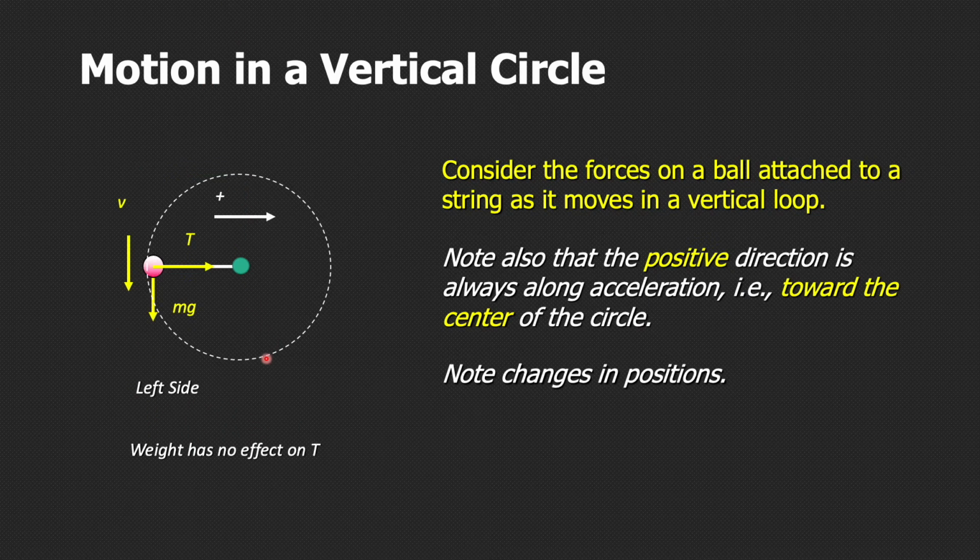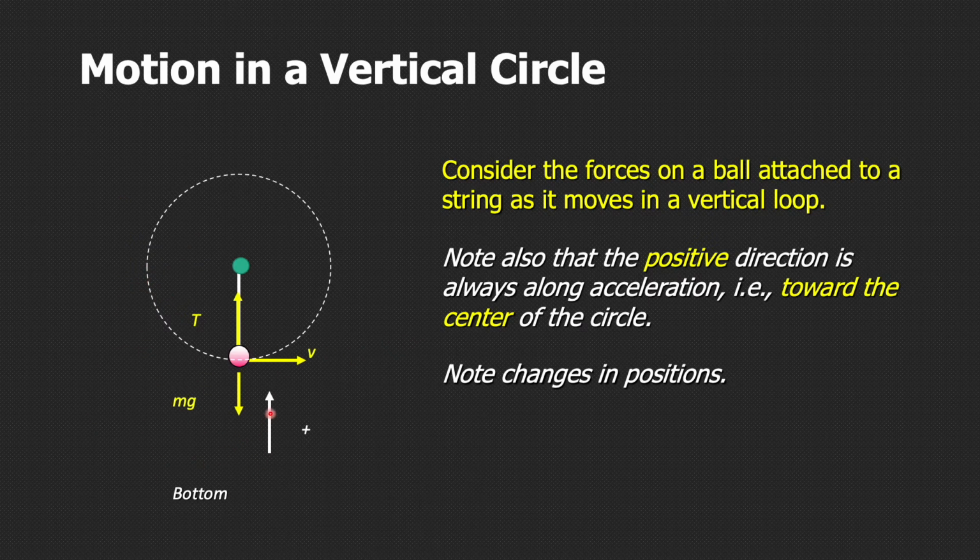Now at this point, on the left side again, since the weight is on the y-axis while the tension is on the x-axis, the weight has no effect on T again.